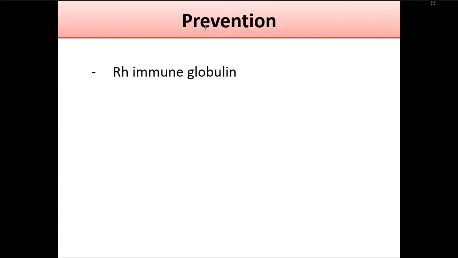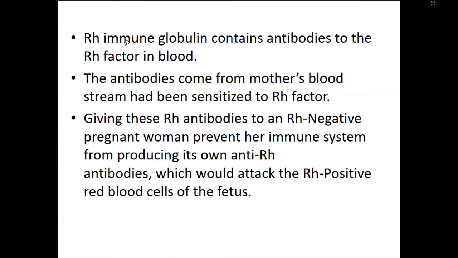Prevention: how Erythroblastosis fetalis can be prevented. It is by injecting Rh immune globulins inside mother. Rh immune globulin contains antibodies to the Rh factor in the blood. The antibody comes from the bloodstream of a mother that has been sensitized to Rh factor. Giving these Rh antibodies to an Rh negative pregnant woman prevents her immune system from producing its own anti-Rh antibodies which would attack the Rh positive red blood cells.